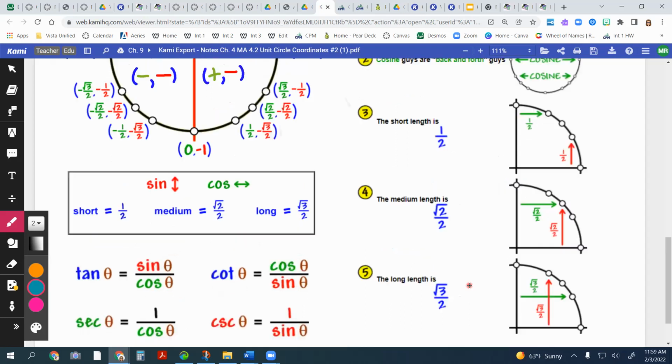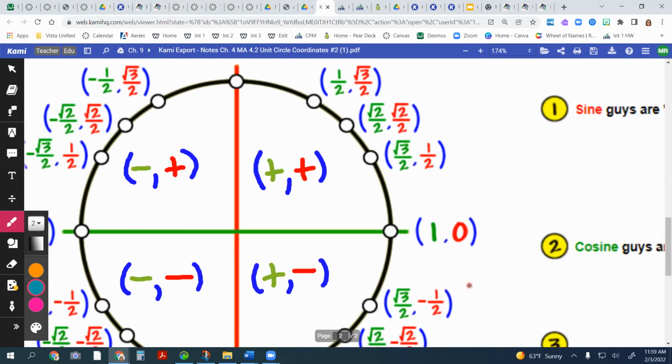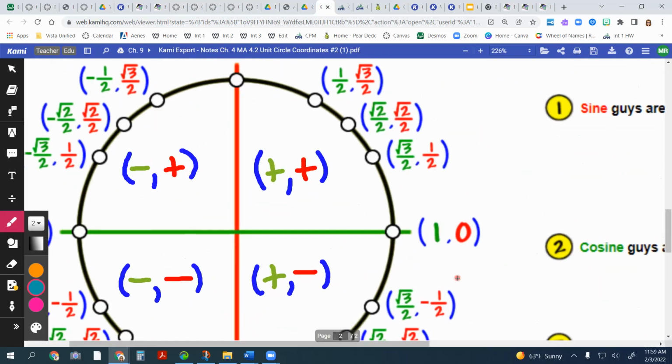So when I'm looking at this and I'm trying to figure out, okay, what is the cosine of, let's say, this angle here, which is going to be 210 or 2 pi thirds, I would go, okay, well, how am I moving here?